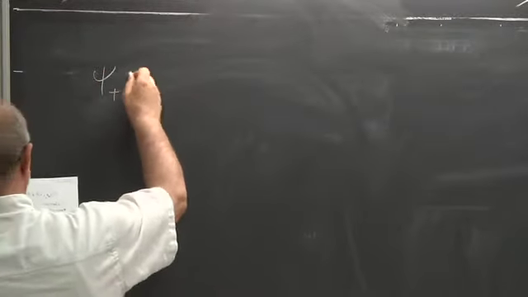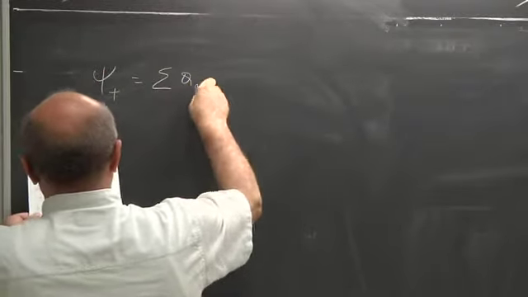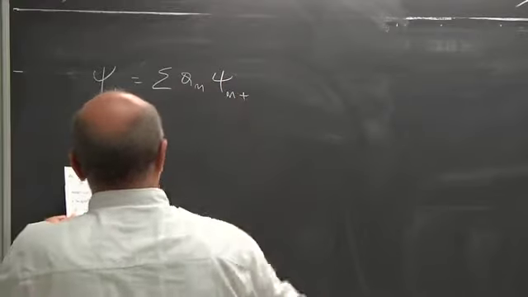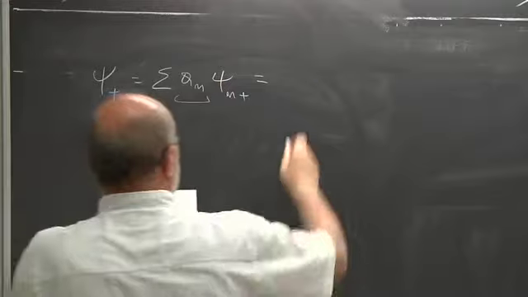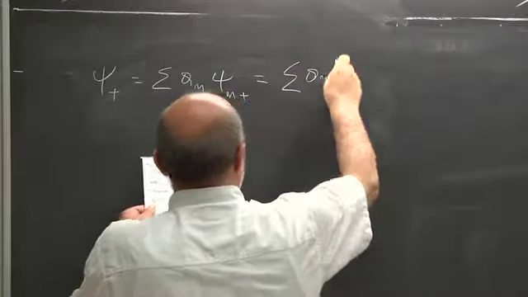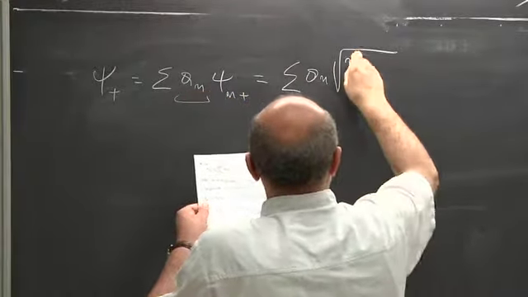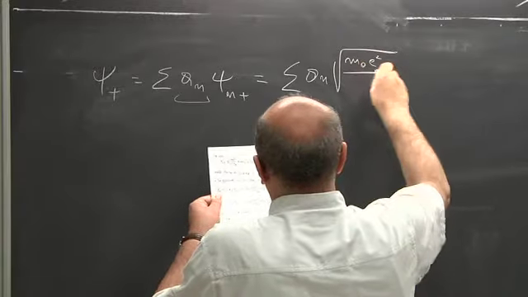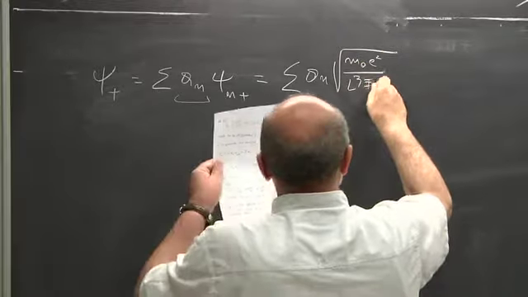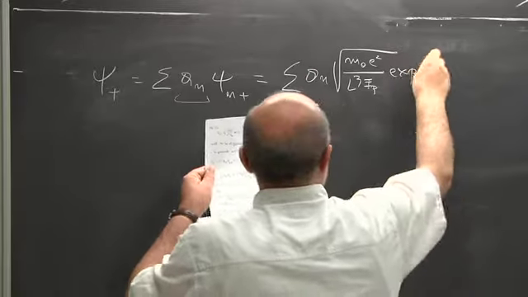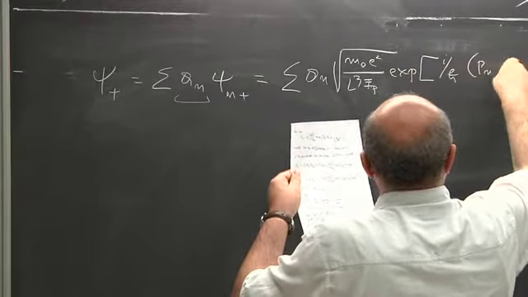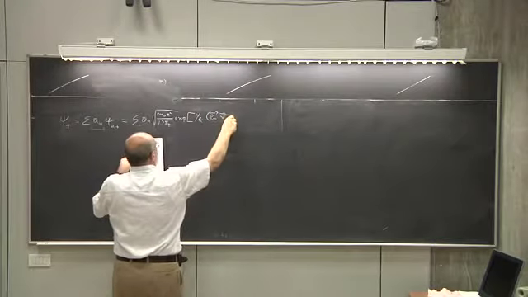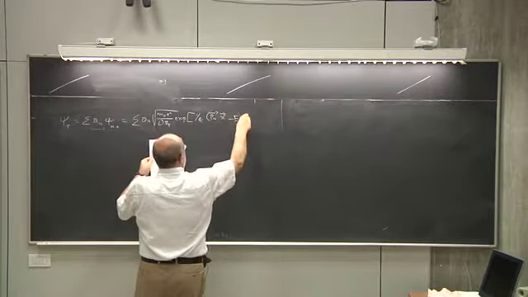So for example, you can have psi plus as a combination of An psi n plus, where these are arbitrary coefficients. We know the form of these: m0 c squared over L cubed E_p, exponential of i over h bar, (Pn plus x minus EPn times t).